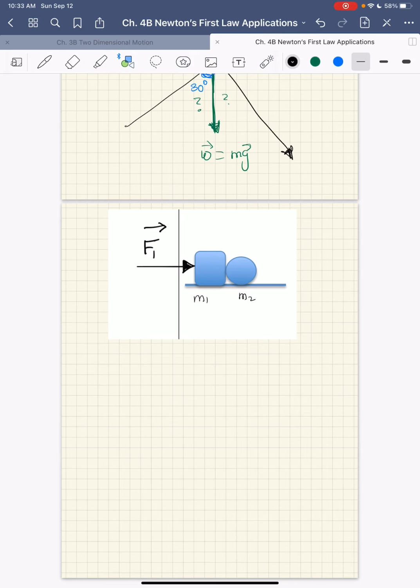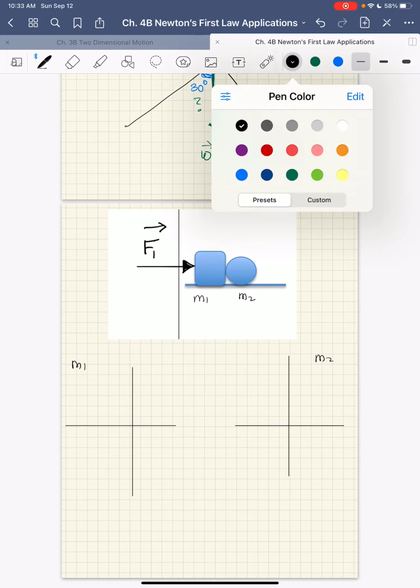I will draw my axes also here. And I should label mass 1 and mass 2. All right, and then here I will start thinking of what the forces on the object are.